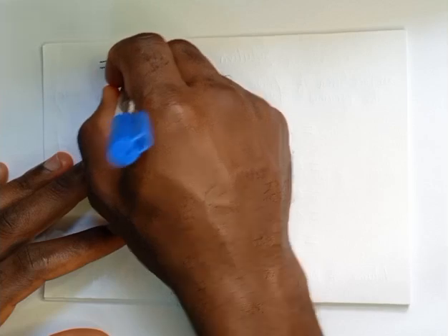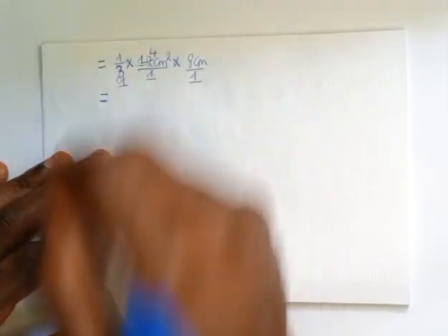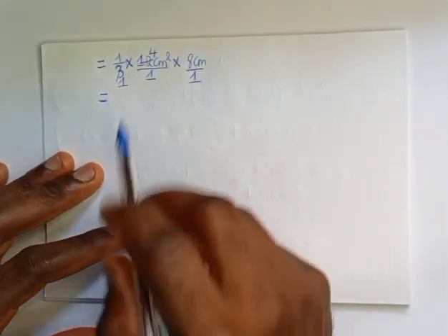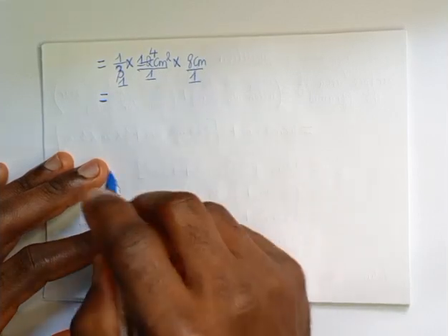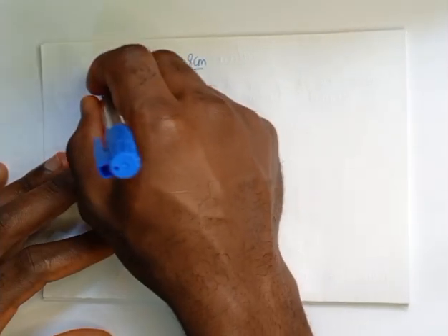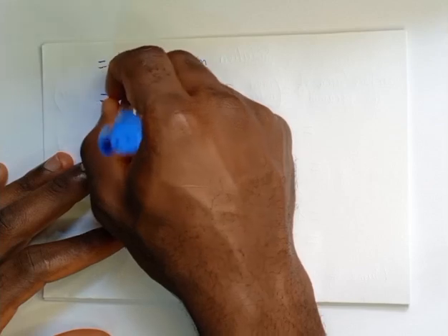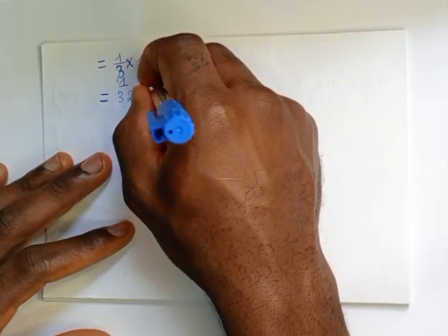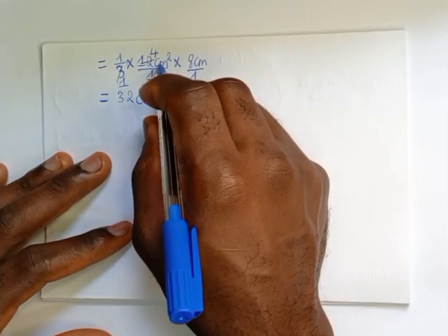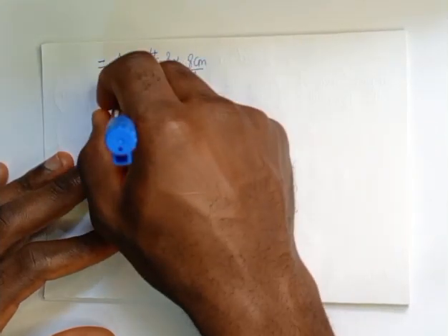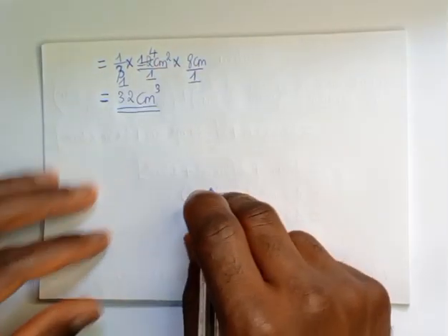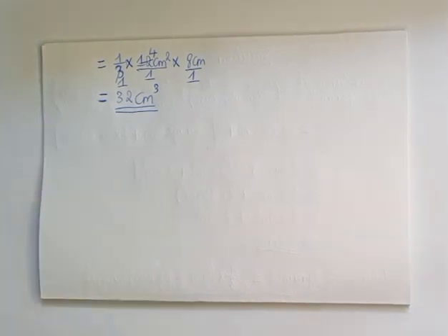Performing simplifications, 3 will go into 12, 4 times. We'll be left with 4 centimeters squared times 8 centimeters, and this will simply be equal to 32 centimeters cubed.